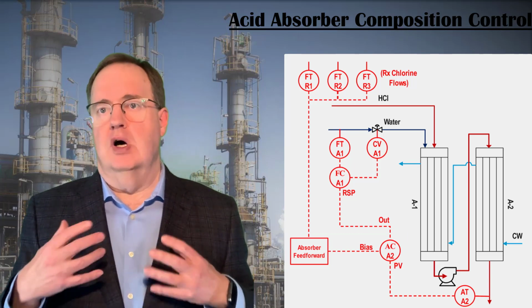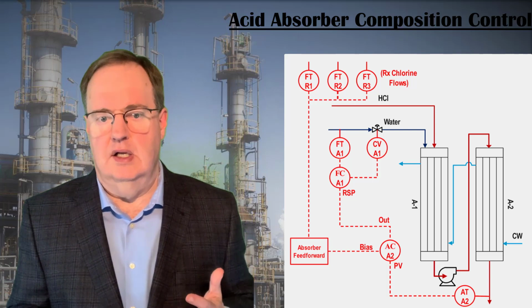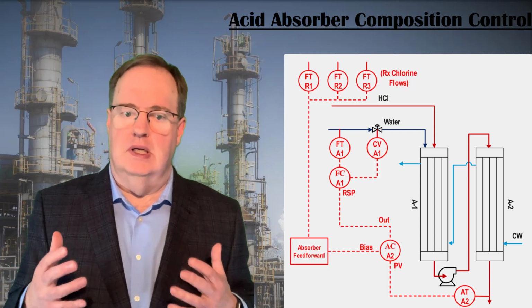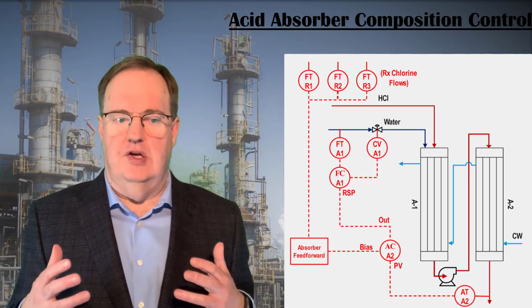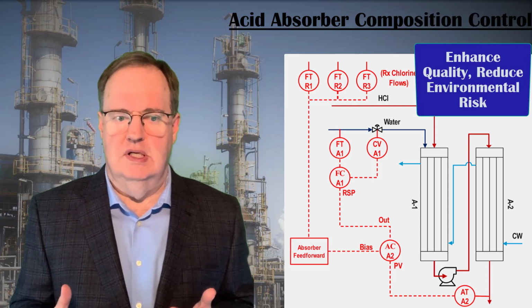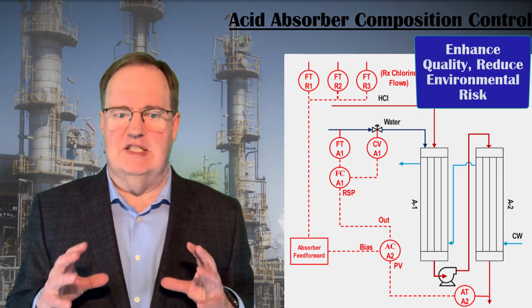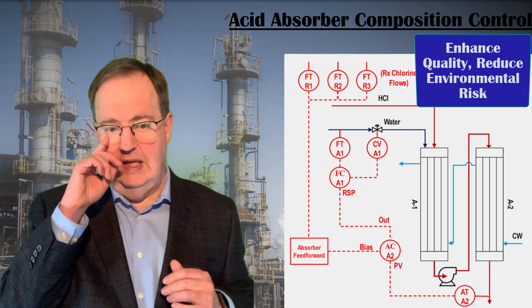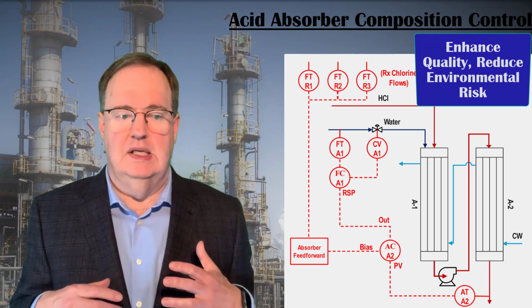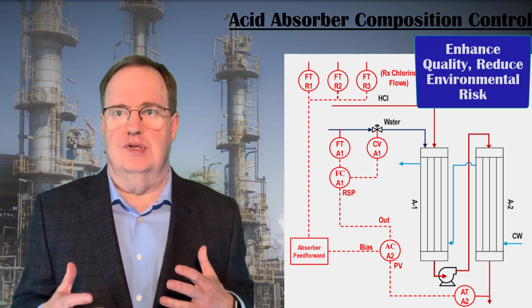In this process, strong acid is highly desired, but insufficient absorption of HCl threatens an environmental release. So, model-based enhancement of the control of a difficult dynamic problem solves a critical operational concern.